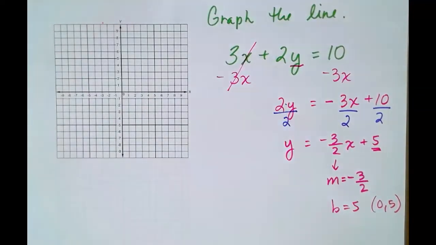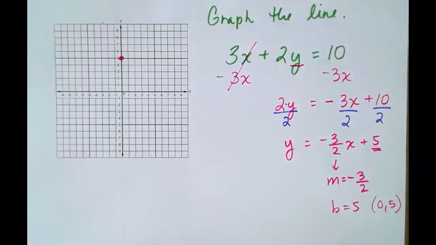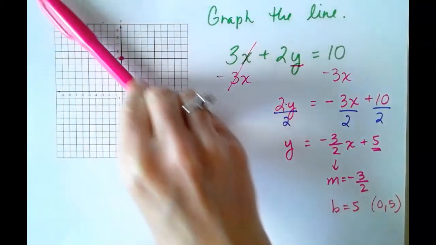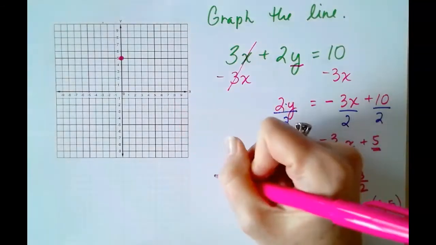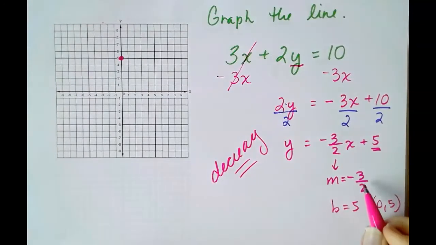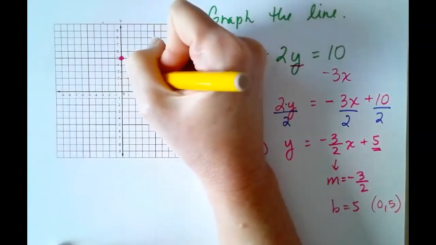So we are going to go to that y-axis and we are going to plot this point. From there, our slope is negative, so our line should be falling from the left to the right as the function is decreasing. So our slope is down 3, forward 2: 1, 2, 3, forward 2.